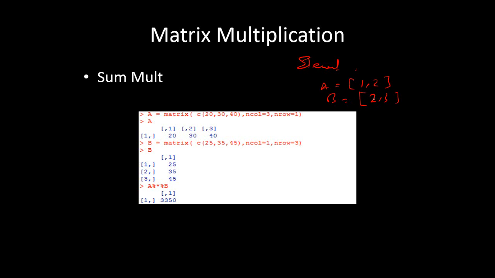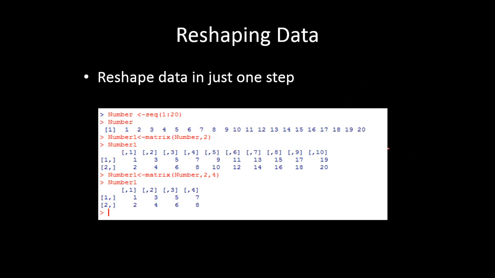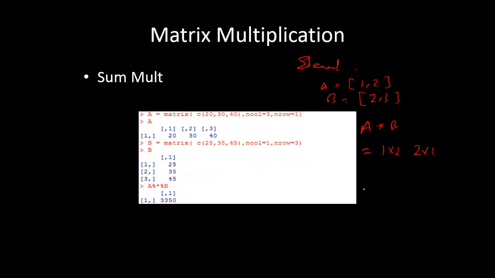So when you do element wise multiplication, which is simple multiplication, you just multiply the corresponding numbers. So it gives 1 multiplied by 2 and then 2 multiplied by 3, which is 2 and 6. Okay, so this is element wise multiplication, which is simple multiplication, but matrix multiplication as such is a little more complicated.